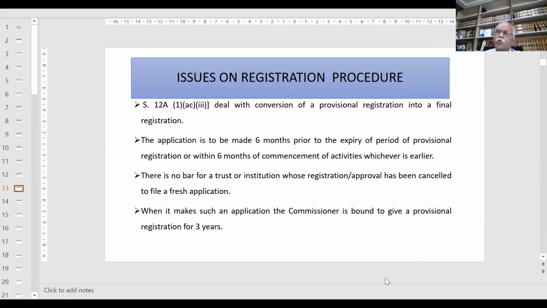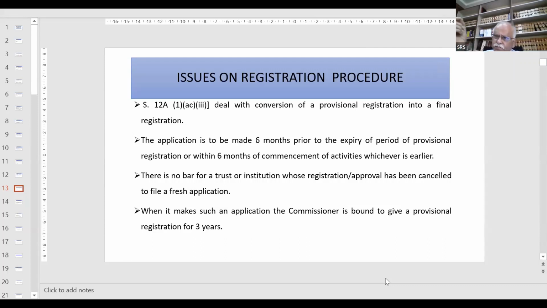The question is, what happens in the case of an existing trust which is not registered, or a trust whose registration has been cancelled but makes a fresh application for registration from that date. In this case, the commencement of the activities happened far back in various years.